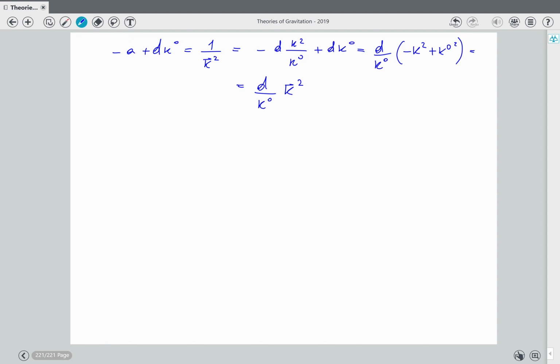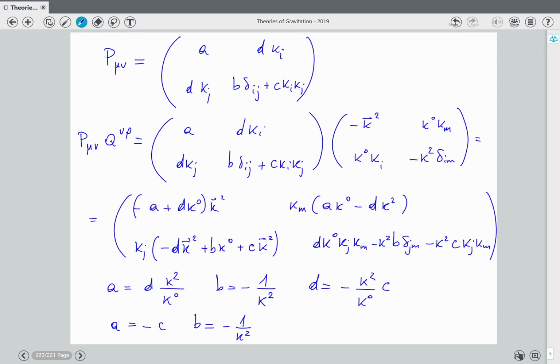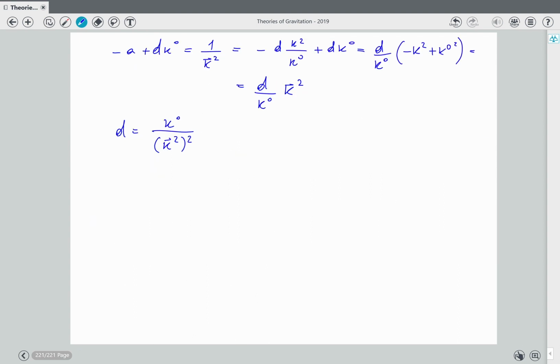So we get d. d is equal to k0 divided by k squared squared. No propagation from here. No pole. A is dk squared divided by k0.